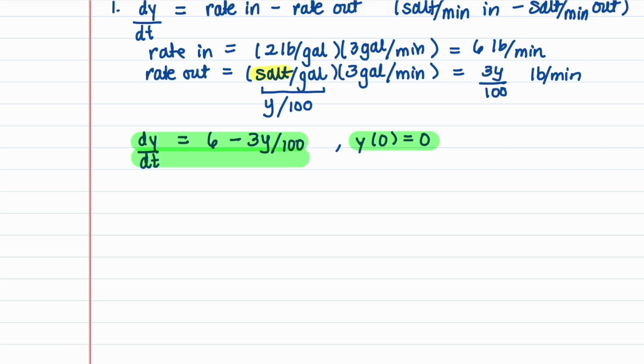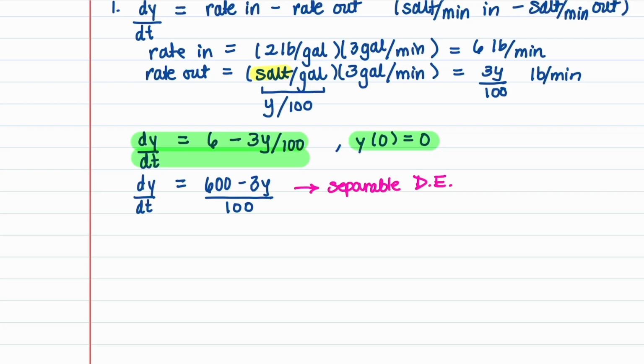Let's rewrite the right-hand side, and I think when we do that, we'll be able to tell what type of equation we're working with. Let's rewrite the right-hand side as 600 minus 3y divided by 100. Now you can see that we are working with a separable differential equation.